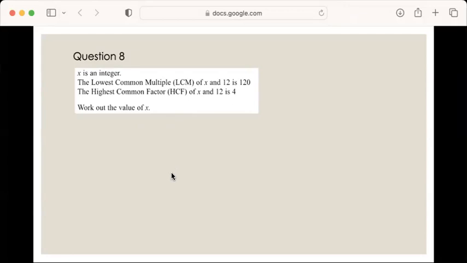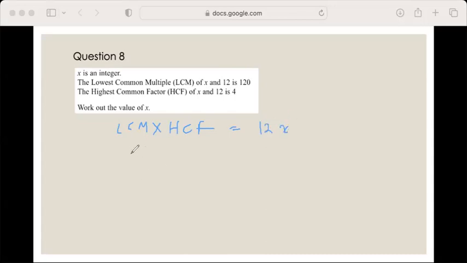All right. So I believe you have done this question and you have got the correct answer. So it's going to be like this. We know the formula is the LCM times HCF is equal to the product of the numbers. So the product of the numbers here is one number is 12 and other number is x, so 12x.